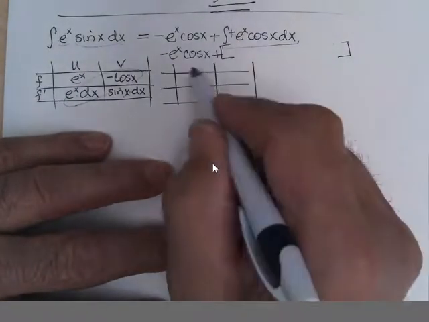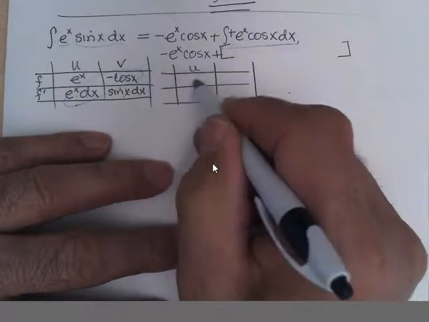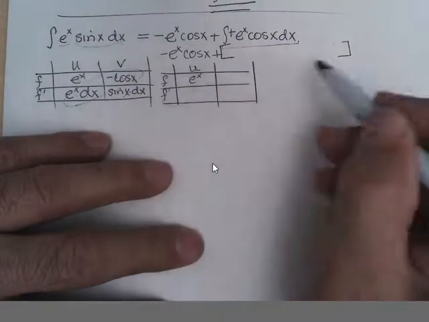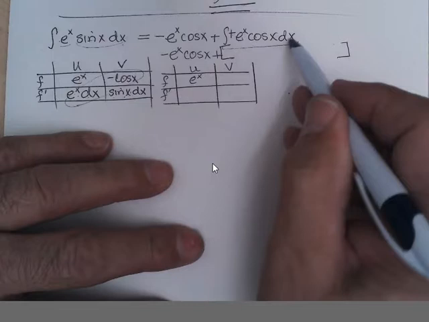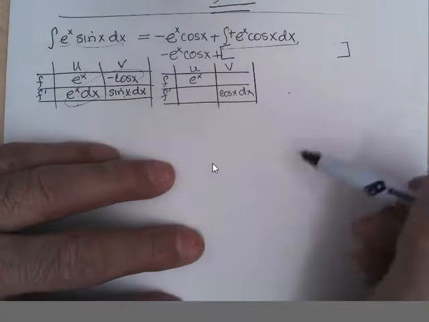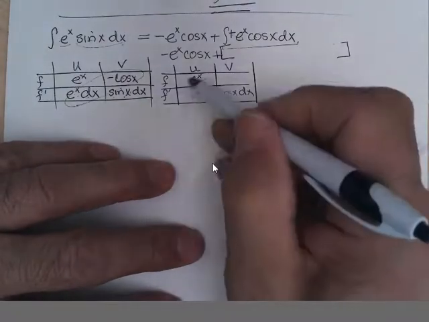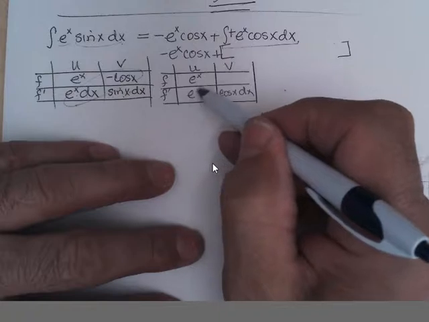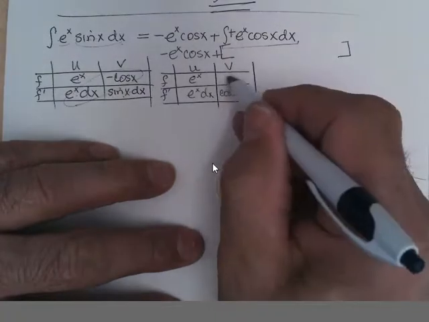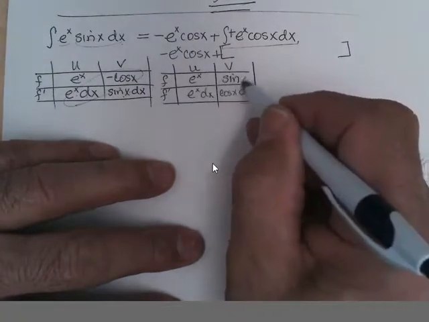And so I'm going to let u be e to the x again, and I'm going to let v prime be the cosine of x dx. Almost the same, isn't it? Take the derivative here, and that's e to the x dx. Antiderivative here is sine x.